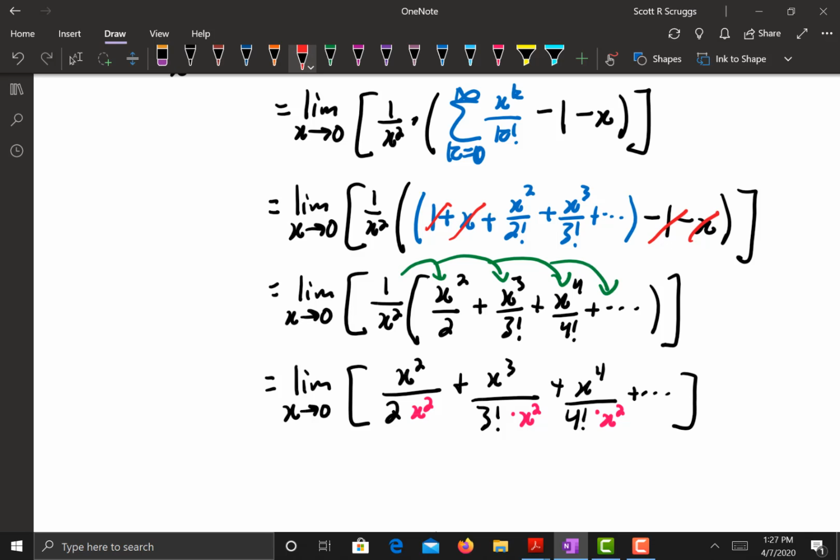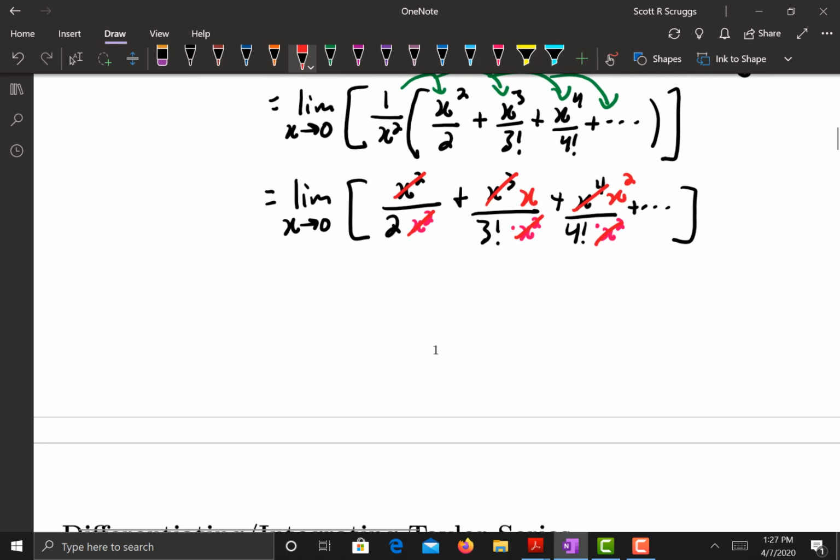It's quick to check that for the first term, the x squares get to cancel out. For the second term, I simplified that down to just have x in the numerator. Simplified that down to just have x squared in the numerator.